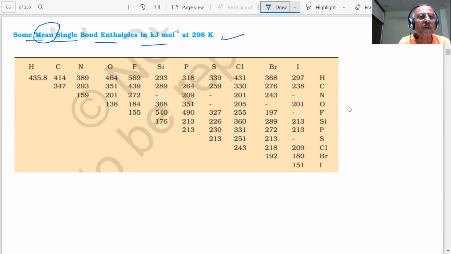Hydrogen and hydrogen, carbon and hydrogen, nitrogen and hydrogen, oxygen and hydrogen 464, which is H2O, then there will be a mean value. So here are some of the values we have given. This is a table; you don't have to know these values. In exam, they will give the values. It is just to get some idea what type of values there are in the bond dissociation enthalpies.